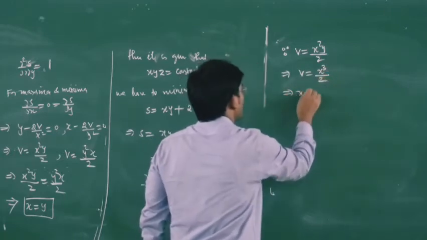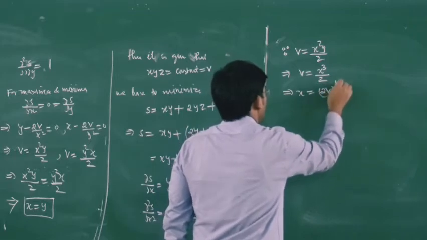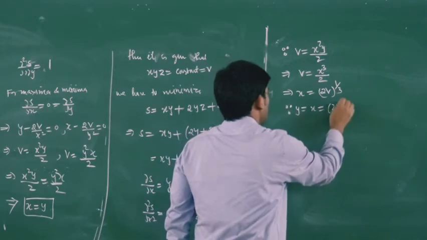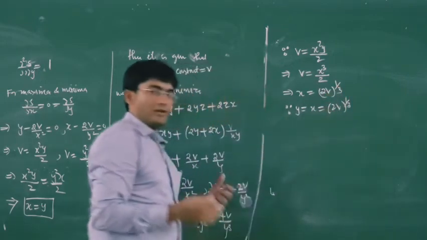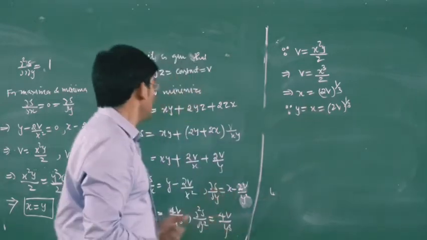So x will be (2b) power 1 by 3. Because y is x, y will also be (2b) power 1 by 3. So we have the values of x and y, where b is constant, it is fixed because it is given.